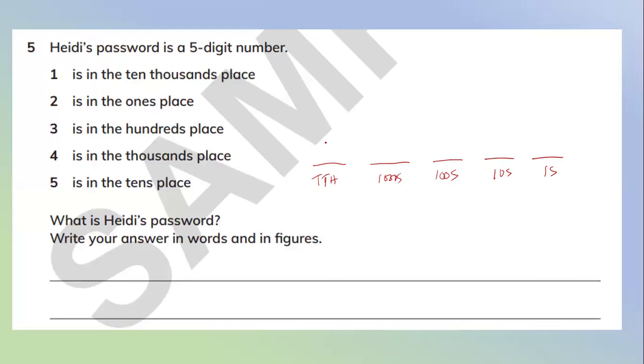The 10,000 place has 1. And 2 is in the ones. 3 is in the hundreds. 4 is in the thousand place. And 5 is in the tens place. So let's read them first: 14,352.